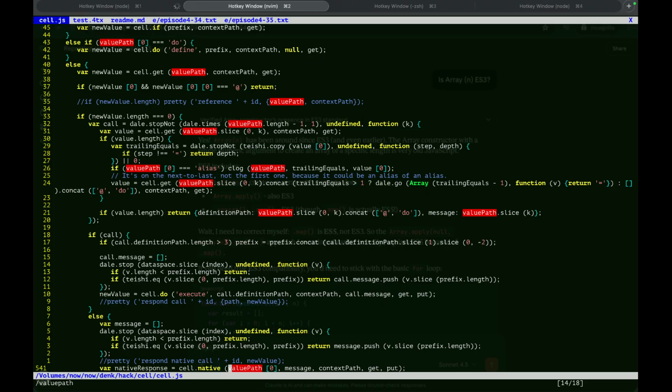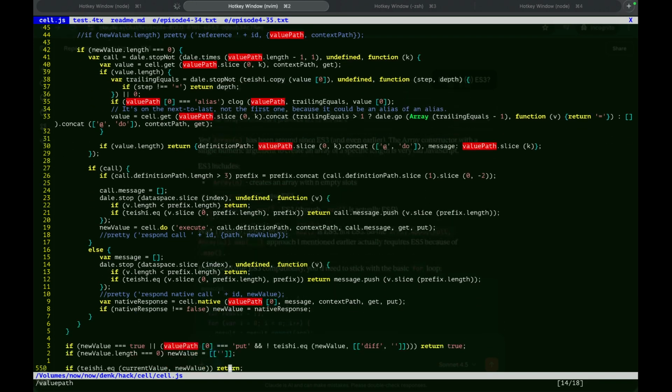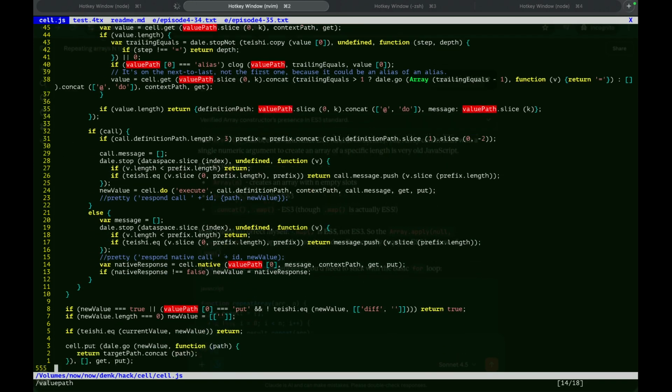Where else do I use the value path in this case? I have to respect it.